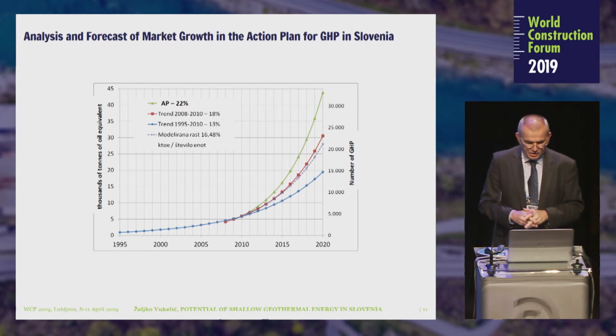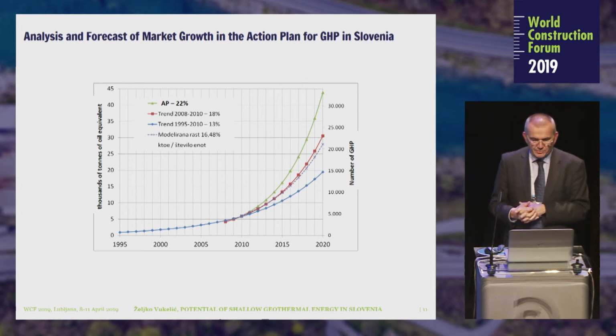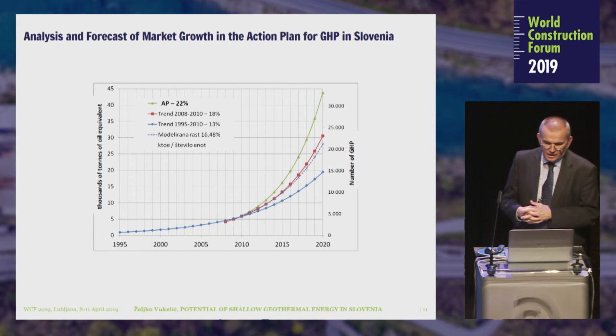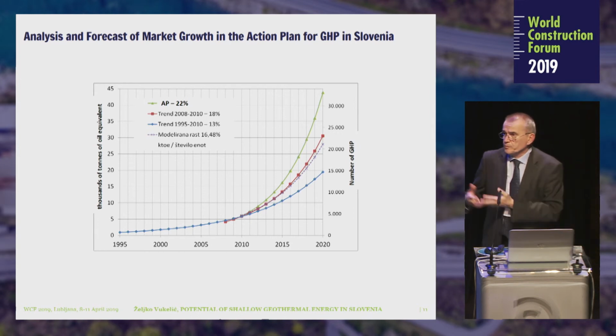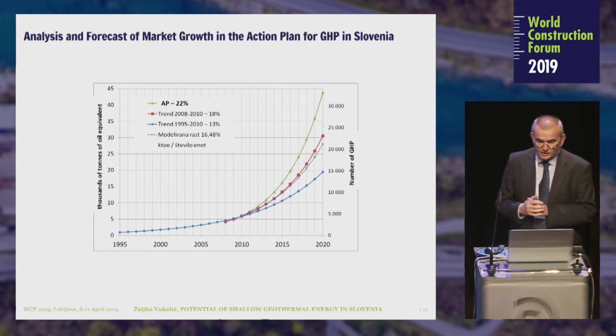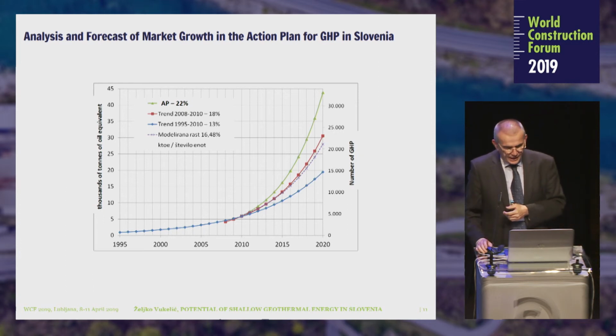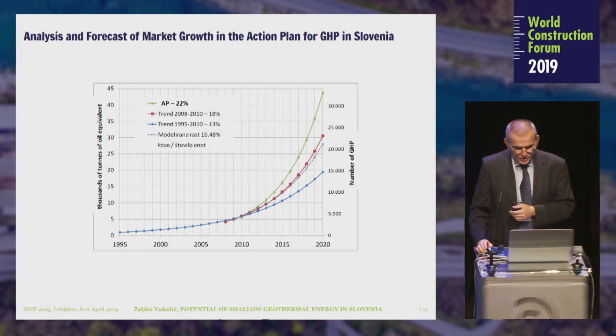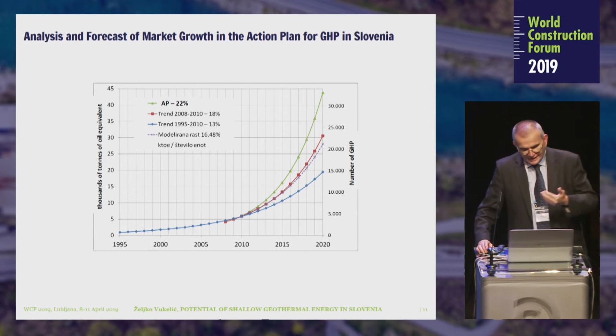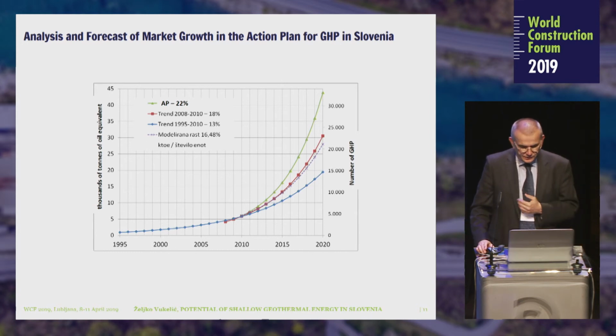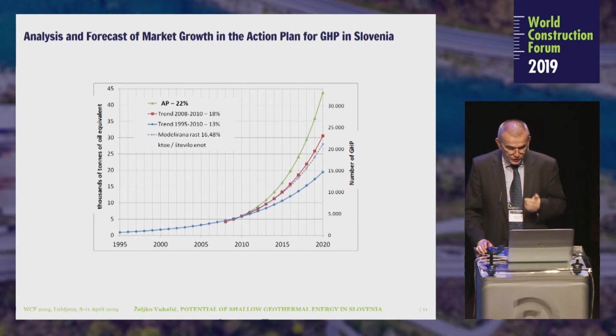Of course, the government, we heard something about transportation, also has an action plan to develop so that people use more and more heat pumps for heating and cooling. The action plan is that in 2020 we will have more than 30,000 units.